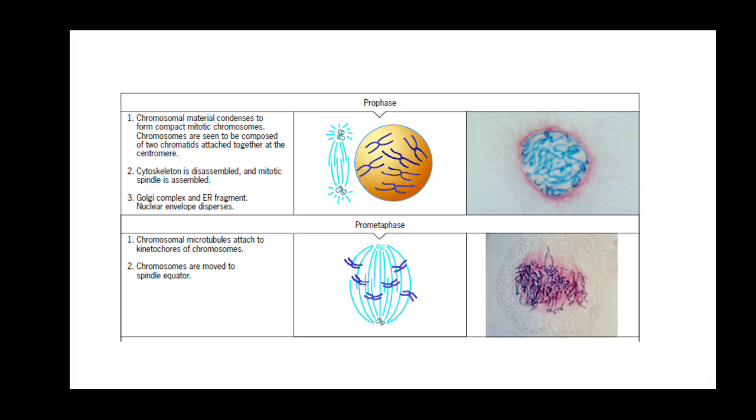That means the two daughter cells which are formed after mitosis. A single cell divides into two, and the cells formed after mitosis will be exactly similar to the parent in every aspect, especially in the number of chromosomes.